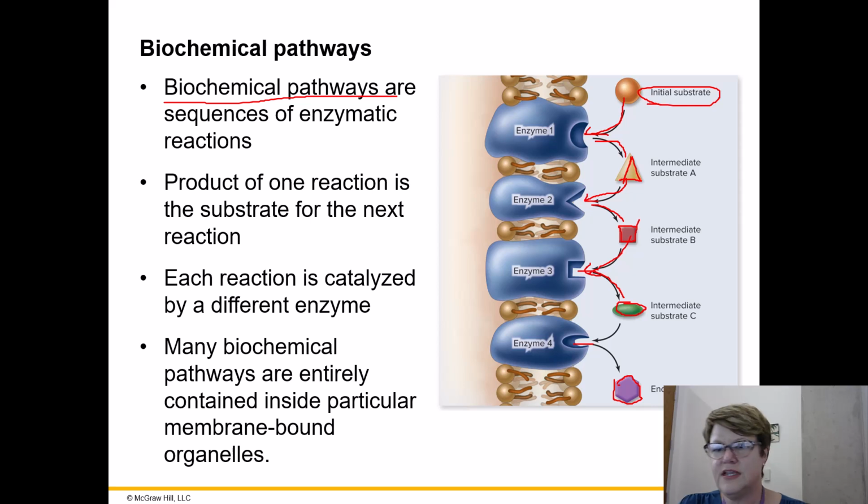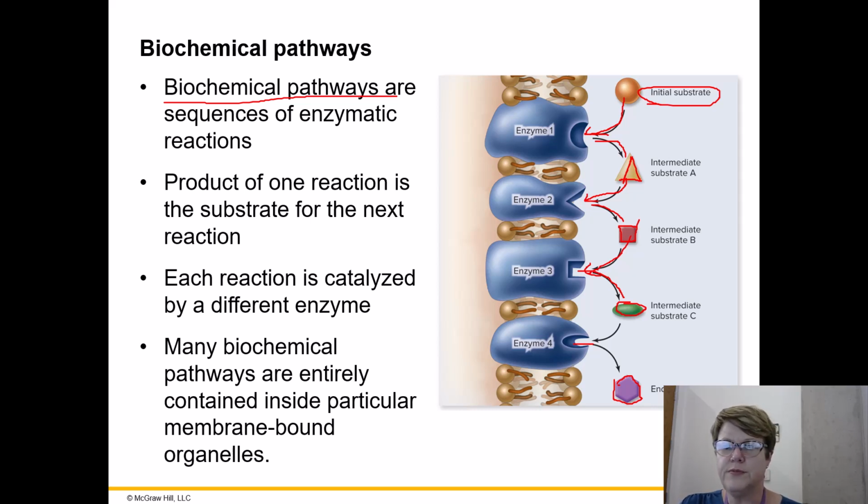There can be 3 steps, there can be 10 steps, but there are particular sequences of reactions that happen in cells, and each one of them has a very specific starting substrate and a very specific final product, but multiple enzymes acting in a certain order to create it. So these are called biochemical pathways. And that's really how the cell organizes metabolism, the sequential building of something or breakdown of something.